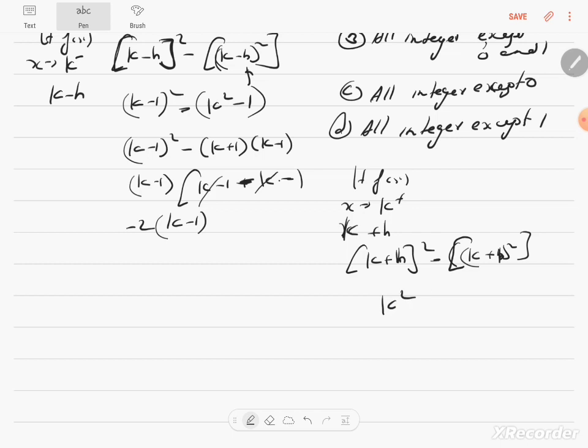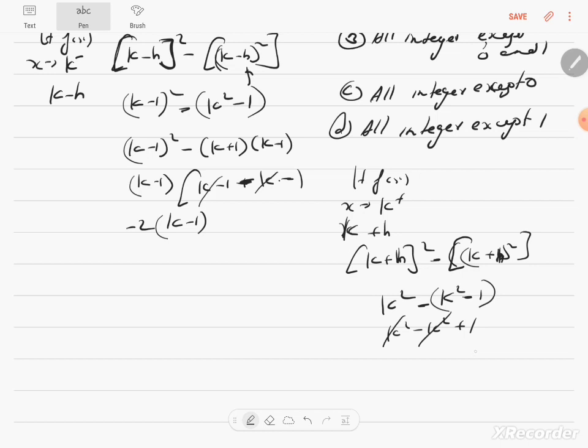It's slightly greater than k, so the first term is k square. Minus k plus h the whole square, where k plus h is approaching k from the right, which is only k, so this will also become k square, and the greatest integer function of k square is k square minus 1. So it's k square minus k square plus 1. The k squares get cancelled, and you get the answer as 1.